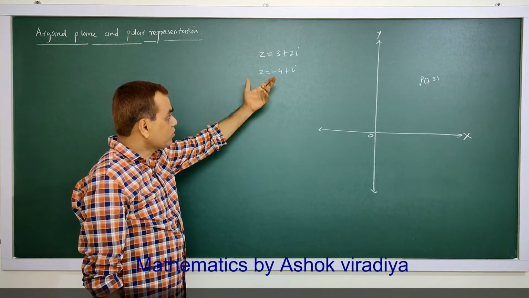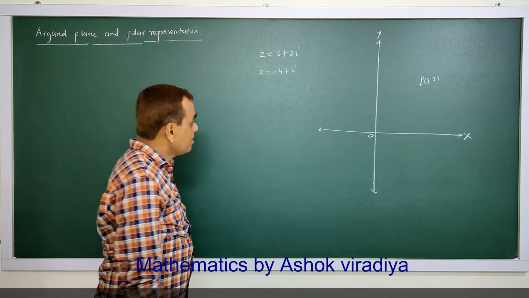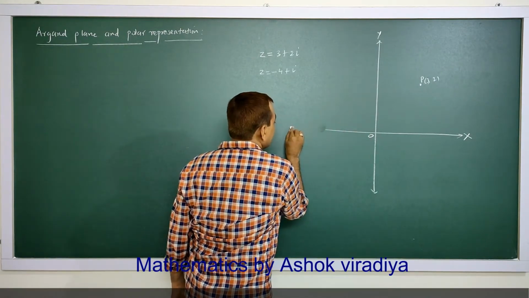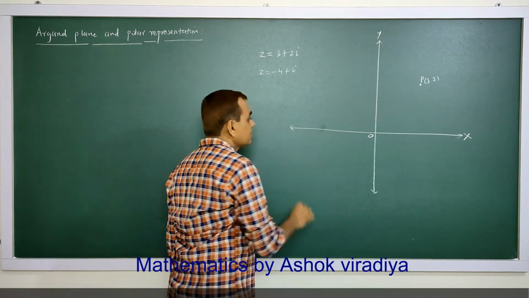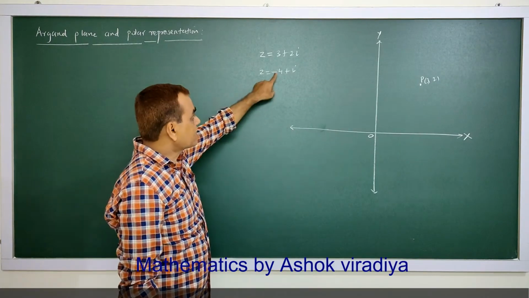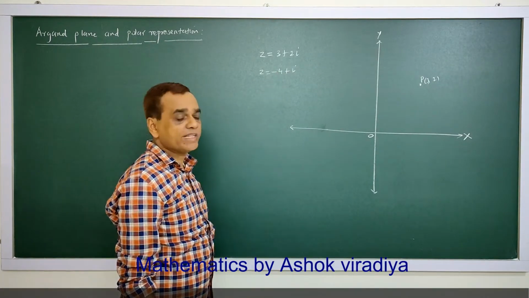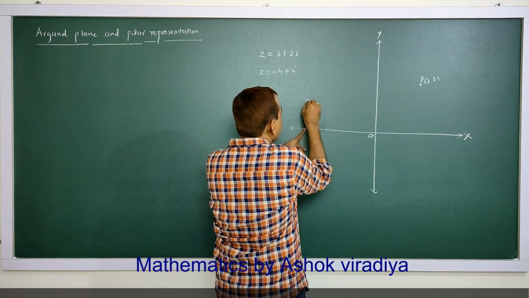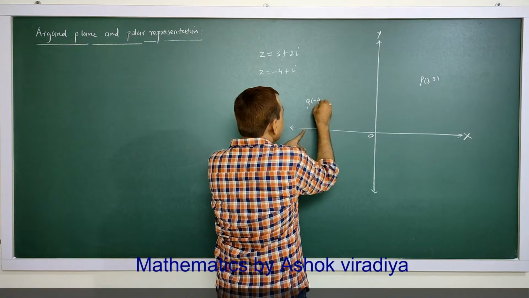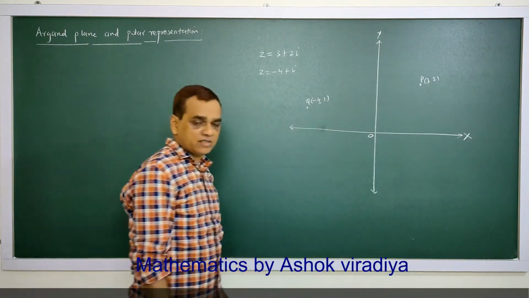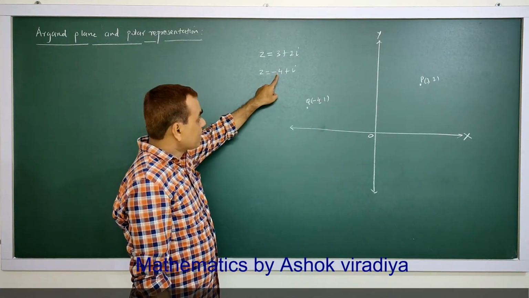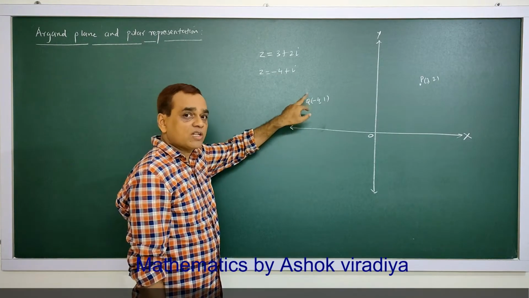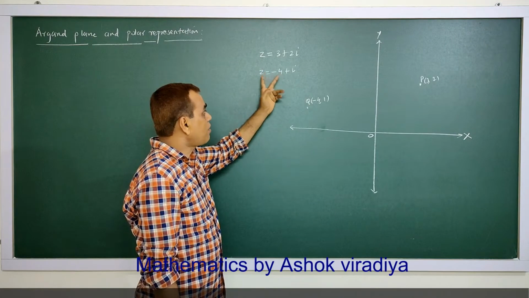So corresponding to this complex number, in this coordinate plane, we can find a point whose x coordinate is minus 4, y coordinate is 1, and that point is somewhere here. This is the point (minus 4, 1). So this complex number is associated with this point, or this point is associated with this complex number.